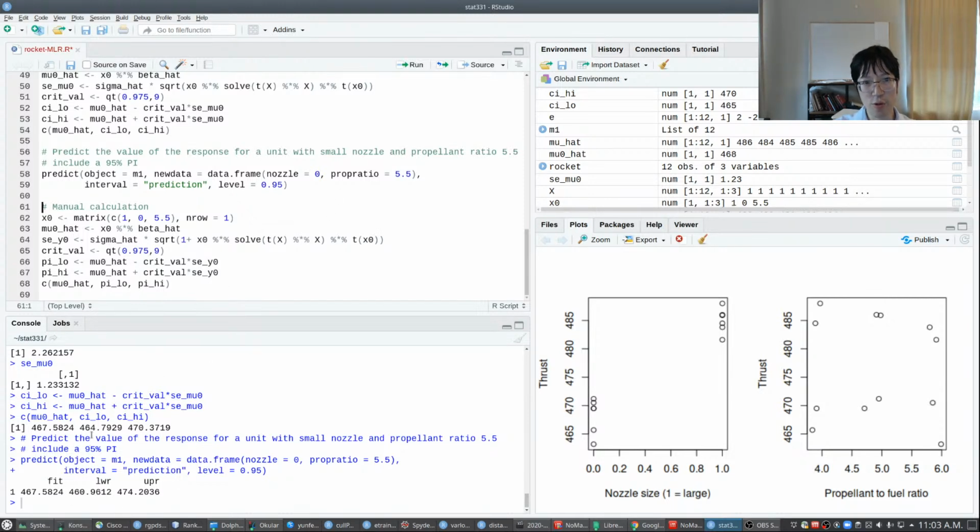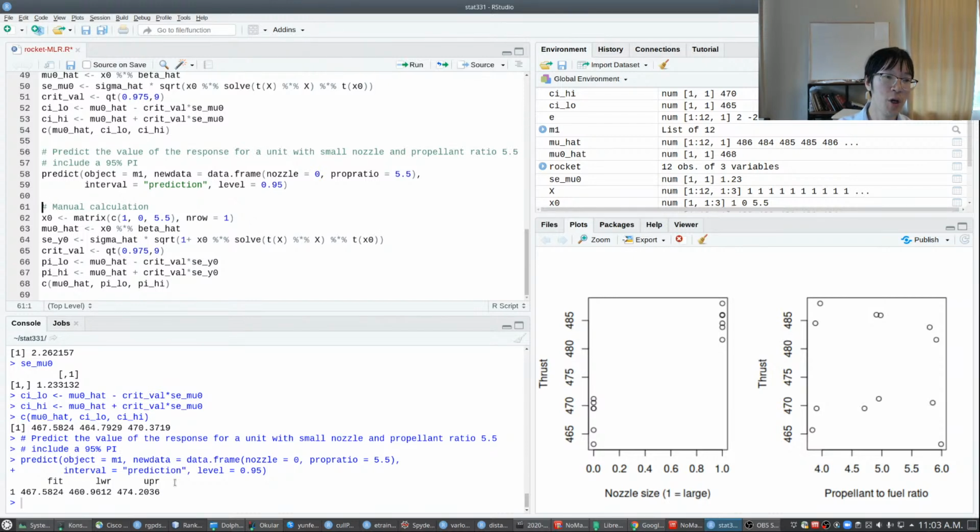Remember, there are two sources of variability we talked about in simple linear regression. You have variability due to the estimates of the parameters, and you also have variability due to model uncertainty. The model uncertainty comes from the sigma squared term, which represents variability not explained by the linear model.